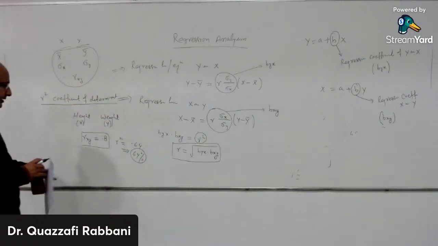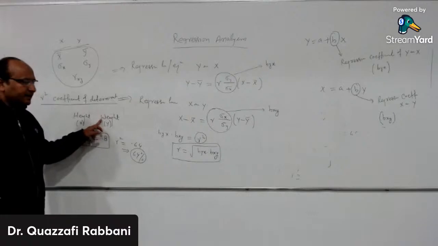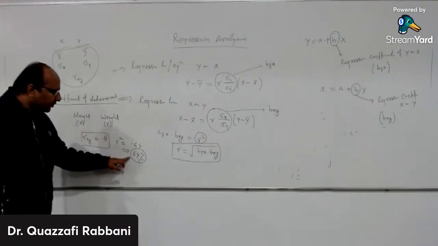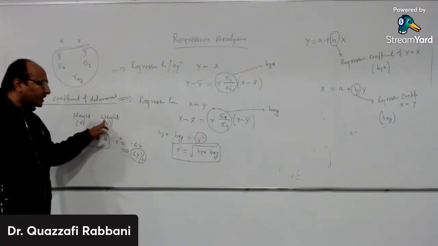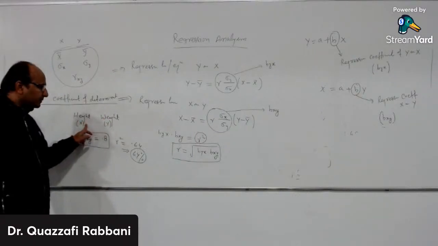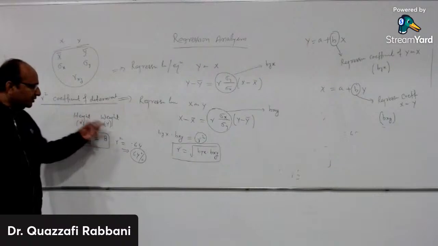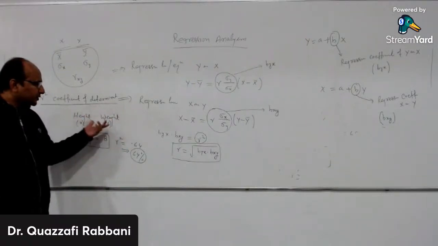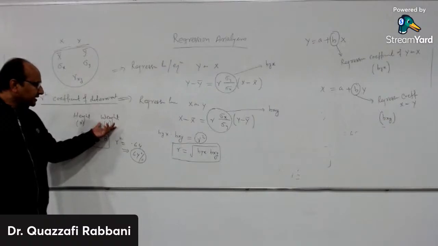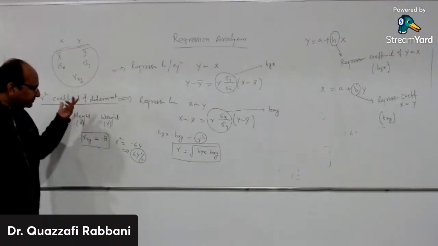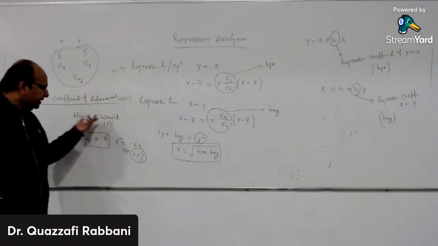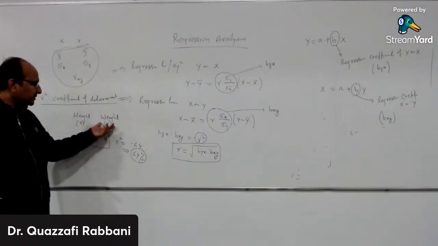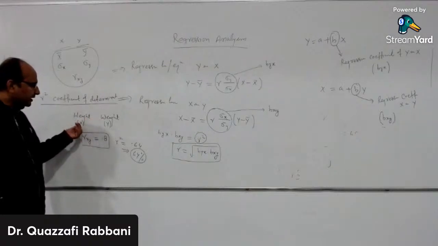This shows that 64% of the variation in Y, that is the variation in weight, is due to height. It means the role of height is only 64% in changes in weight. Weight depends on height, so only 64% of changes in weight are due to height.